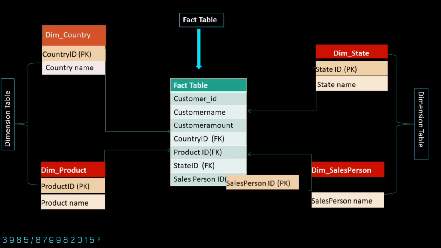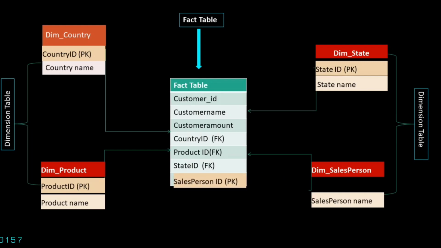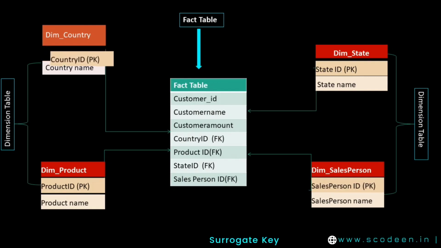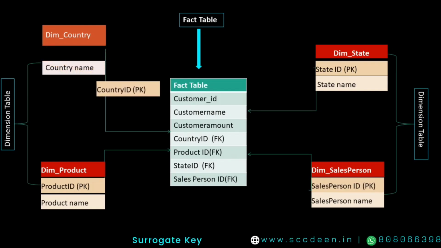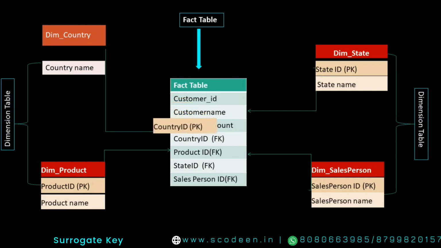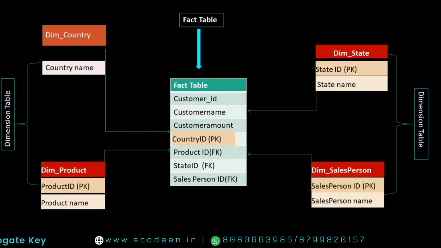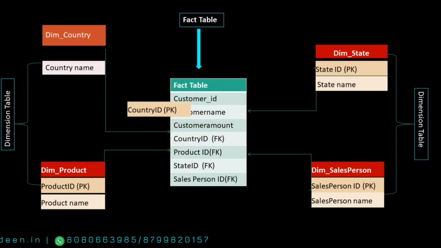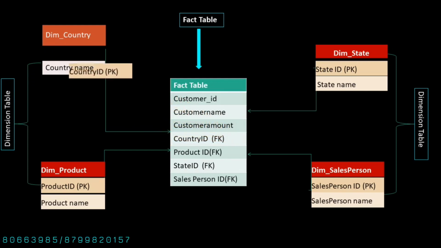Similarly, salesperson ID will be considered as foreign key in the fact table. So this is very important point. That means most of the keys in fact table are foreign key by nature. So that means all the primary key in the dimension table will be referred as foreign key in the fact table.